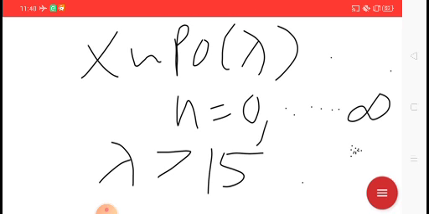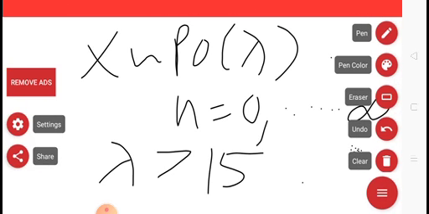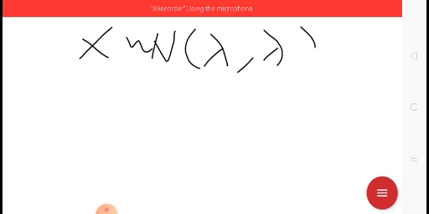Once you apply the normal approximation, you will get X distributed as normal with lambda and lambda, just some refresh and revision on that.